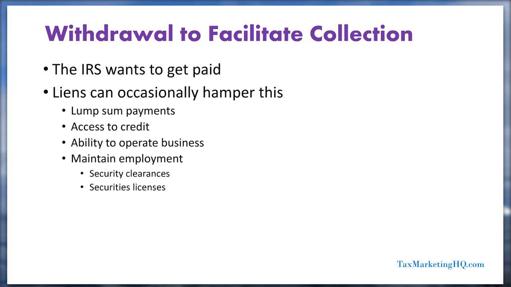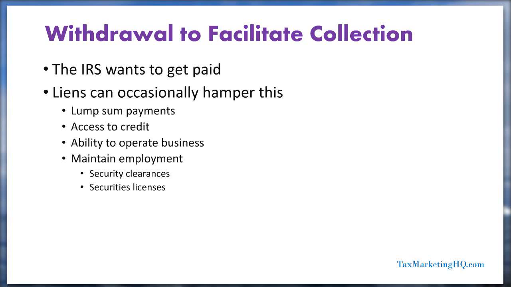Because the thought process is that if you have financial problems, you may be more likely to, for example, sell government secrets in order to improve your own financial position. Therefore, the presence of a tax lien or any other judgment or tax problem or credit problem can result in the removal of a security clearance. And that means somebody could lose their job.